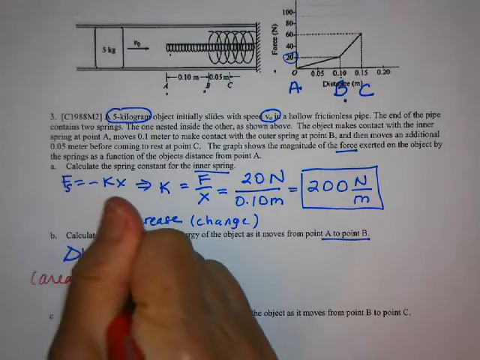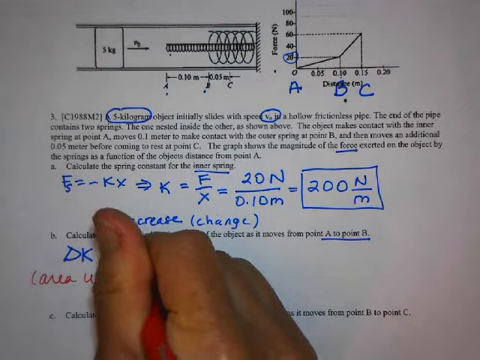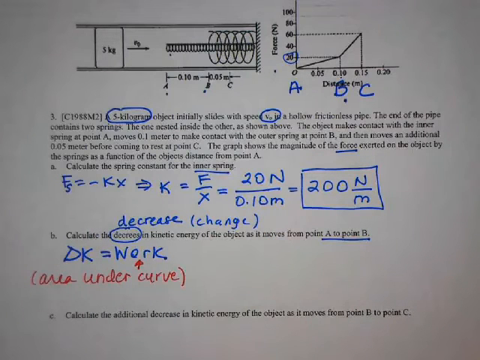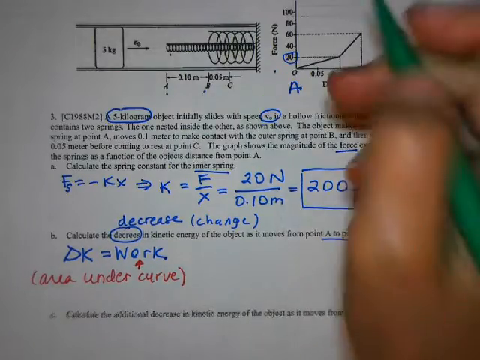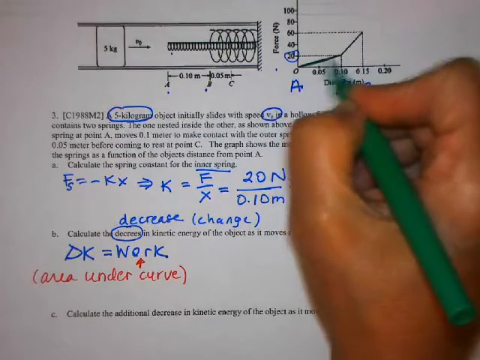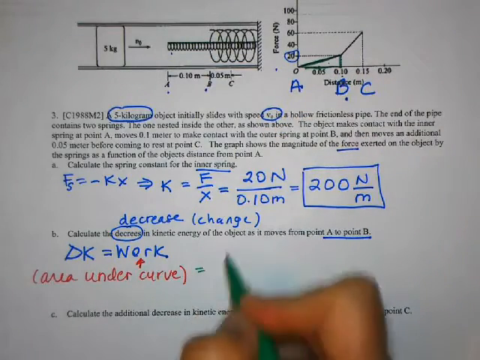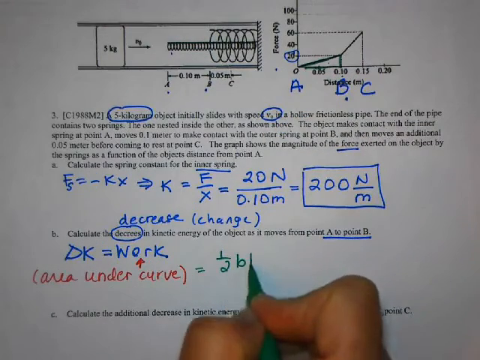The area under the curve is the work done. So what is that area under the curve? When you look at your graph, this is the curve, and we want this area. That's a triangle, so it's going to be 1/2 base times height.